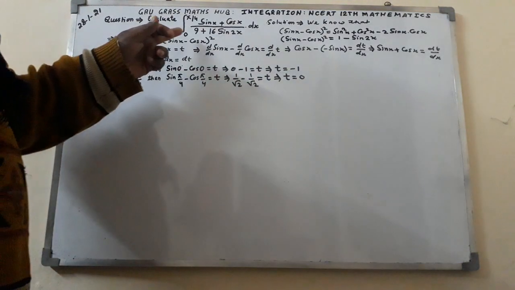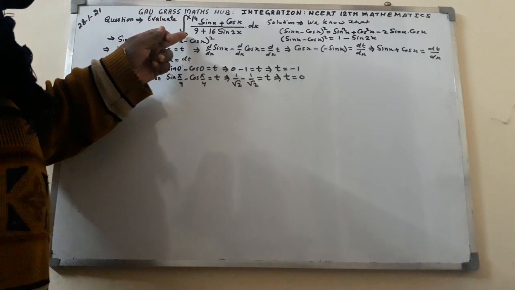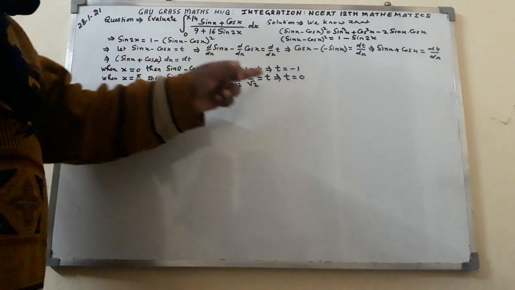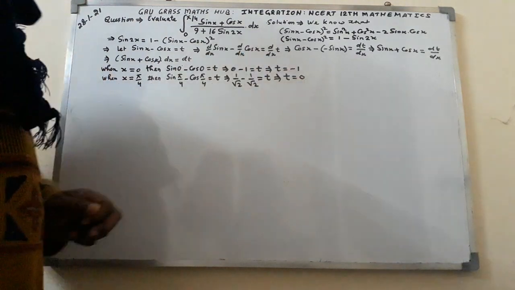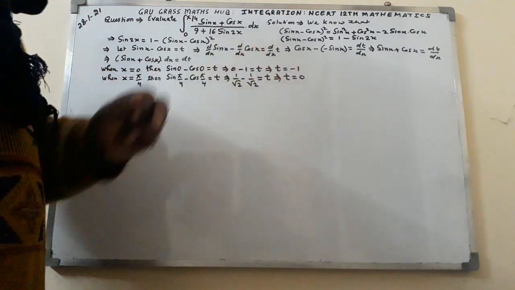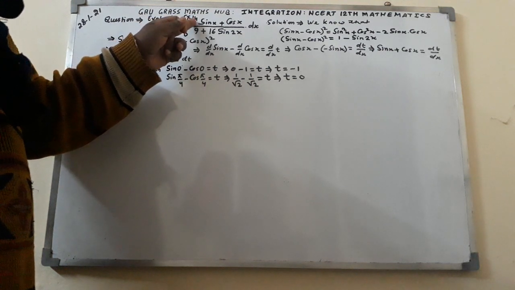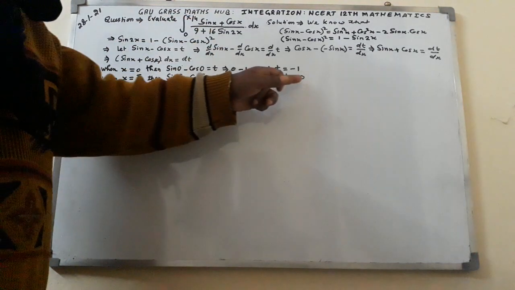So here the lower limit x equal to 0 will be replaced by the lower limit t equal to minus 1. Here the upper limit x equal to pi by 4 will be replaced by t equal to 0.